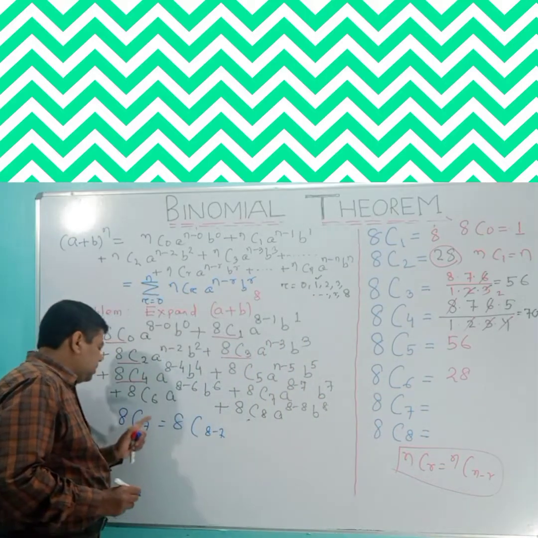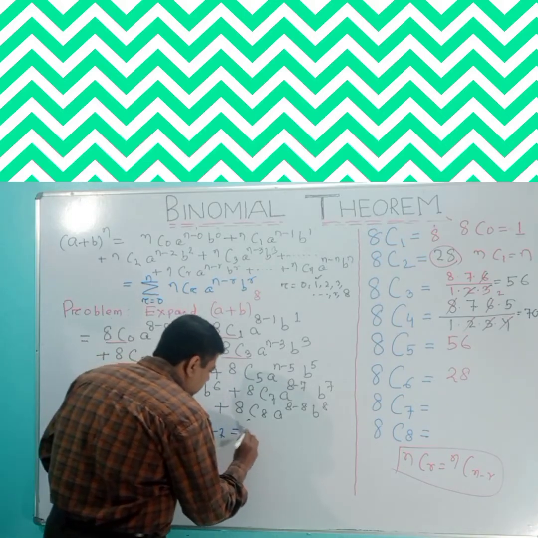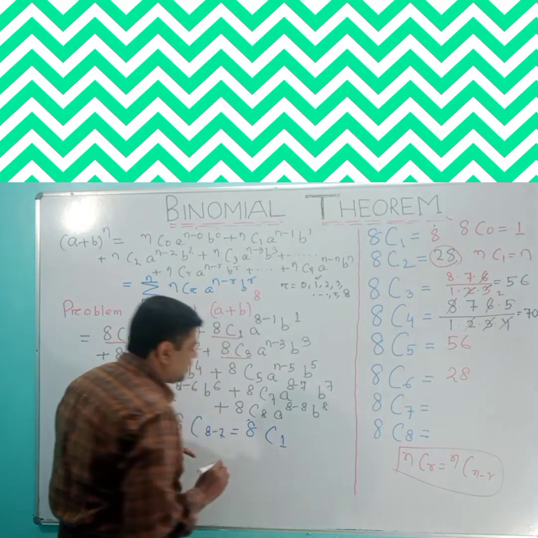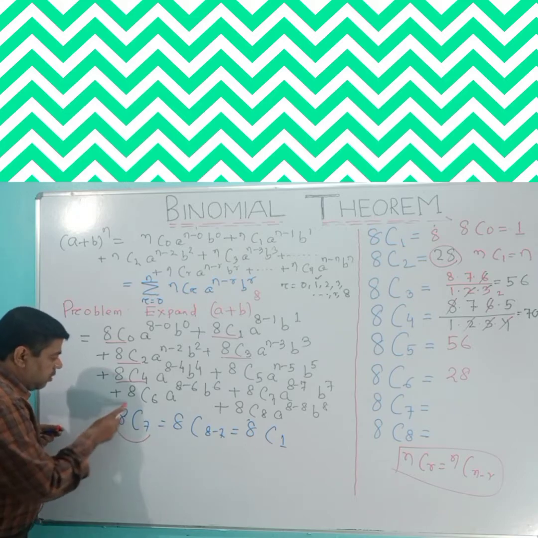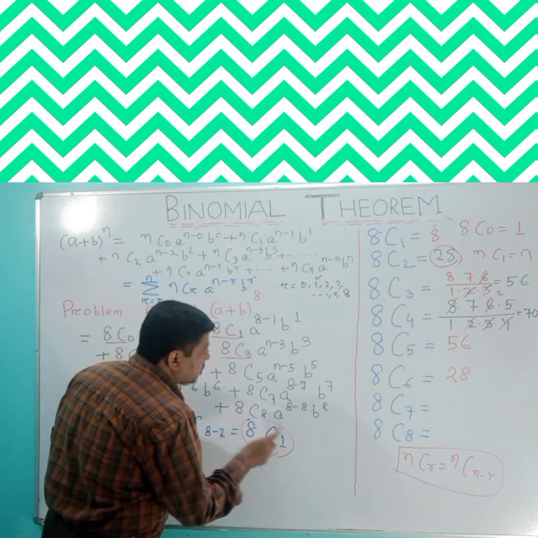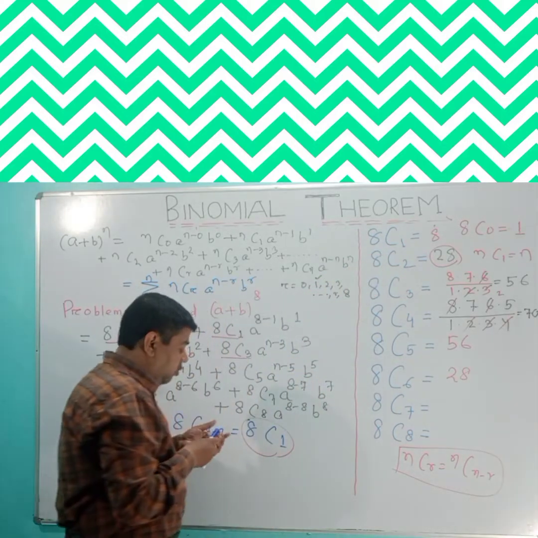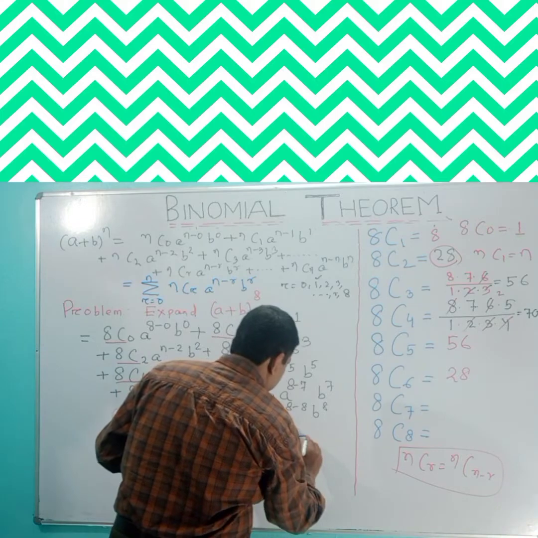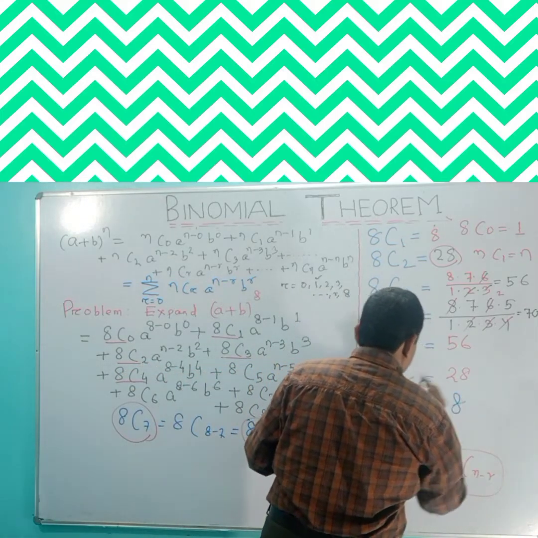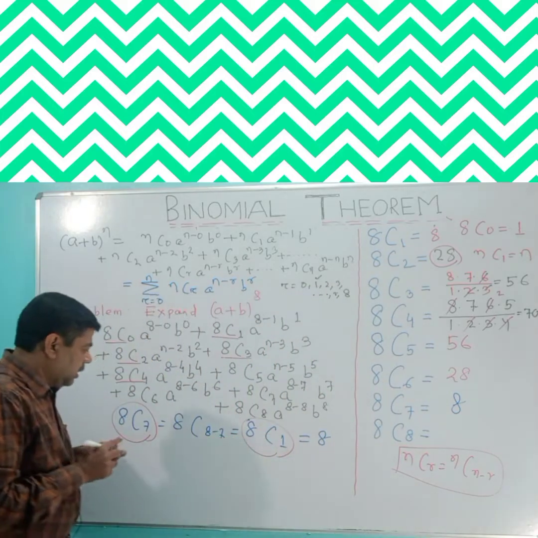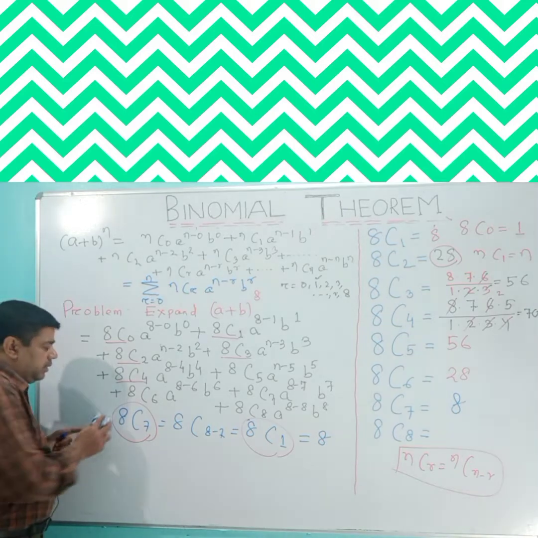In a similar process, 8C7 is equal to 8C(8 minus 7), which is 8C1, and 8C1 you all know is 8. So the value of 8C7 is also 8. This is one of the concepts. Is it clear?